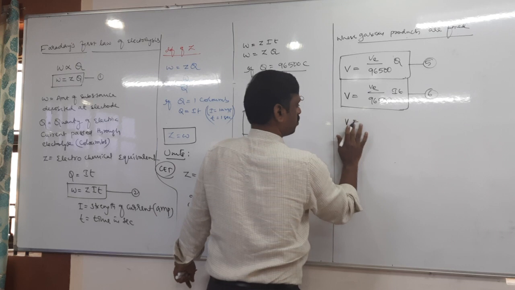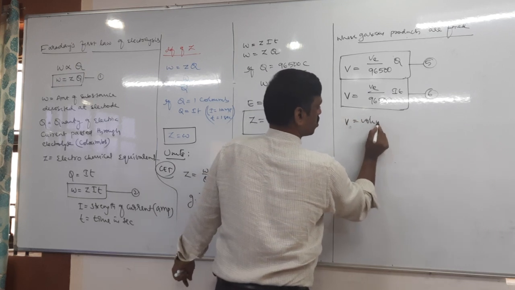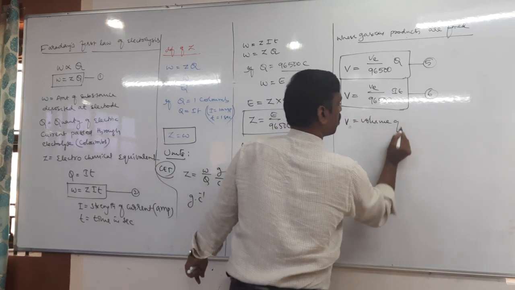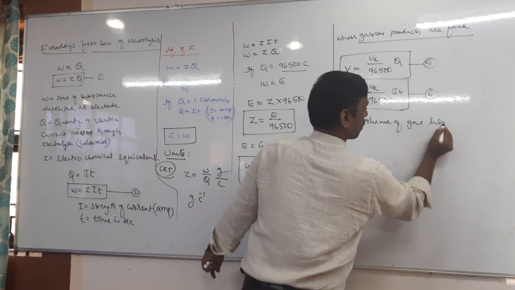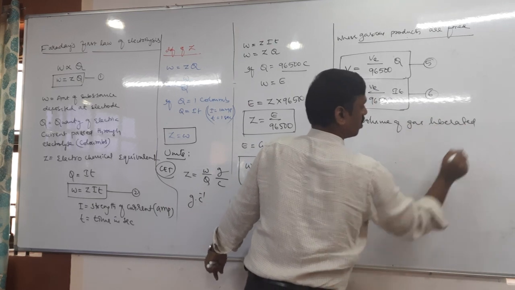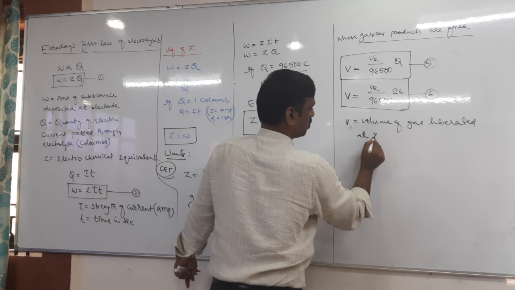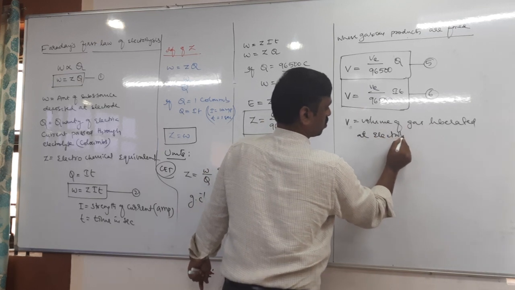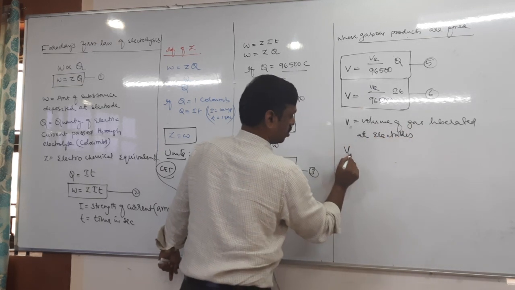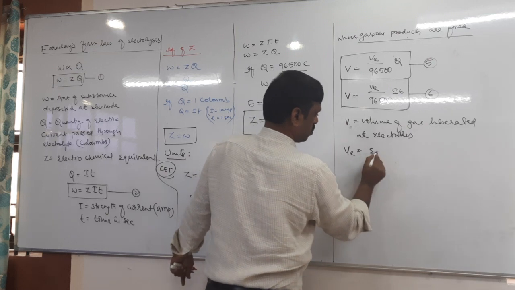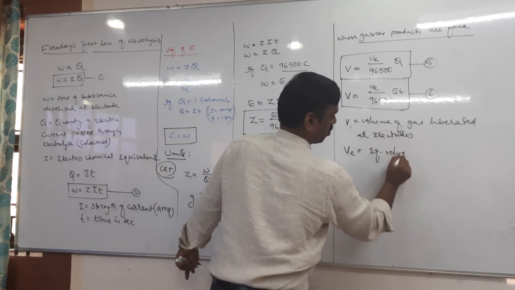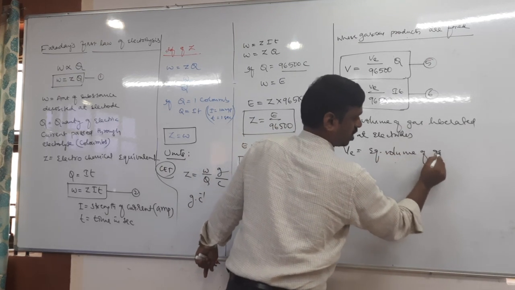What is V first? V is the volume of gas liberated at electrodes, and EV is the equivalent volume of gas.